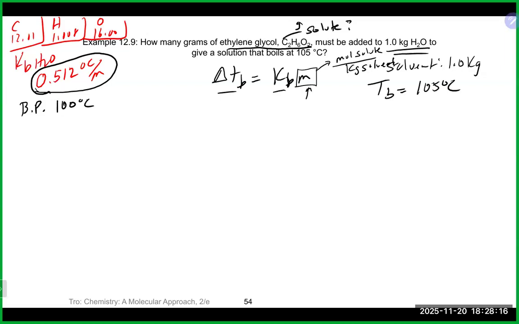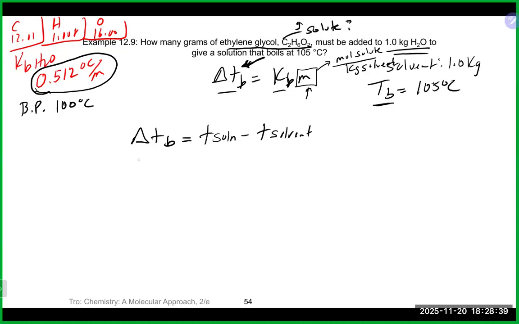Again, a reminder that this temperature here is not the same thing as this, which is the change in boiling point temperature. Remember, this is boiling point elevation, which means the solution is going to be a larger number than the solvent. So we're going to take solution minus solvent.